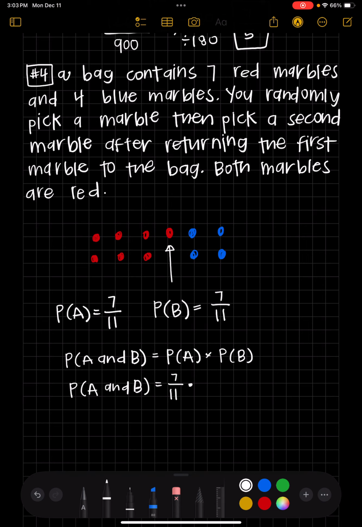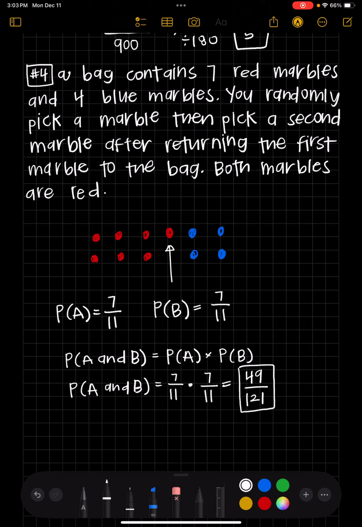Picking this second red marble is also 7/11 because remember, we put the marble back into the bag, so this total stayed the same. So when I multiply those, I get 49/121. So that's the probability of A and B. We know that those are independent because you have the same total. It's like the same bag. One did not affect the other.